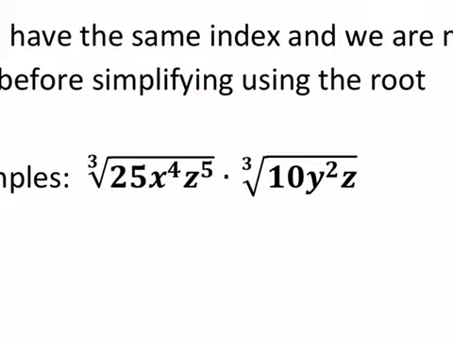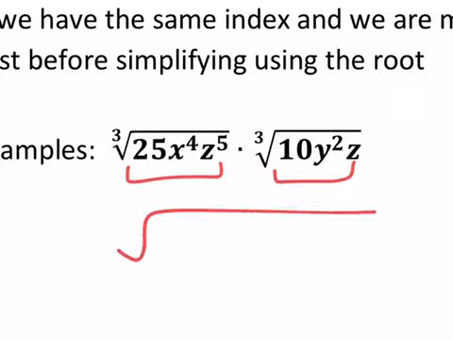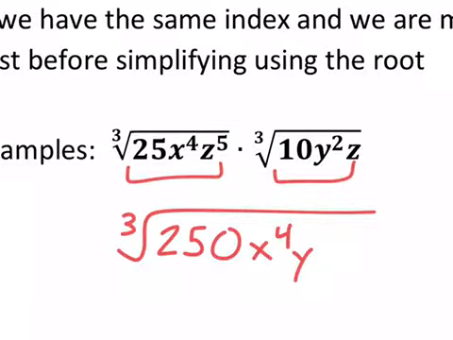On this one, they're both cube root, so I can multiply these together and put them all under one big cube root, which would give me 250 x to the fourth y squared, and then a z to the sixth, because I've got z to the fifth here and z there.